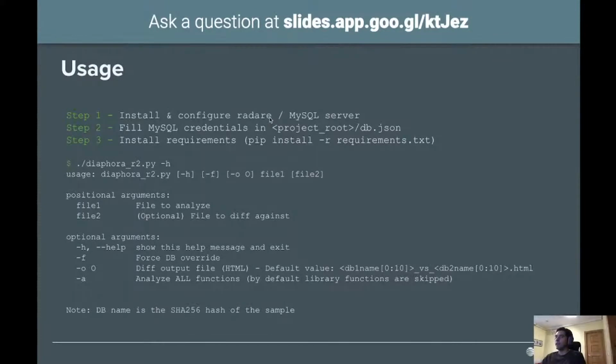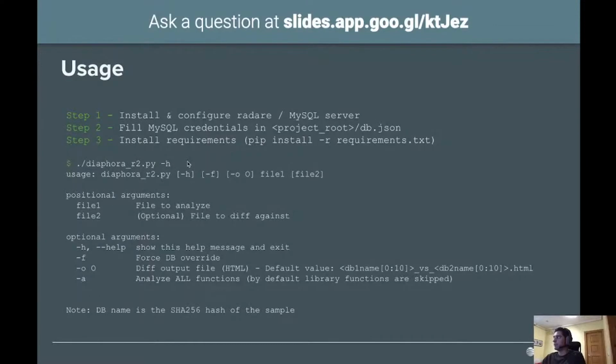Once you have the setup done, you can go to this file db.json and fill in the credentials for your MySQL server, and then the only thing left is to install the requirements for the script itself. Once you have all that, you can run the script.